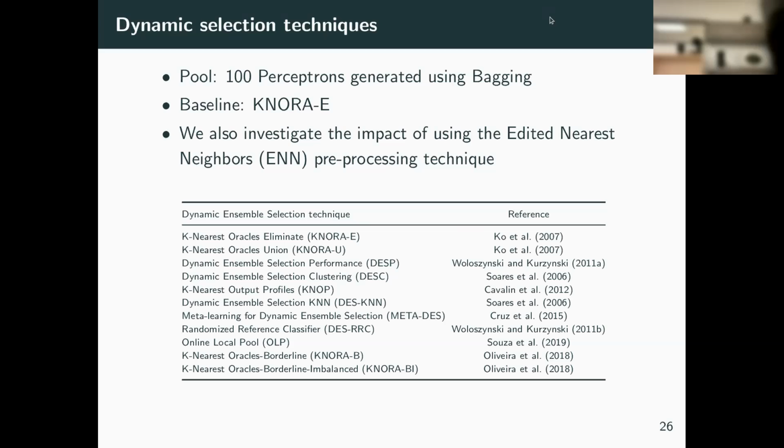One of them is the baseline, the KNORA-E. For the pool, we use 100 perceptrons generated using bagging. We also investigated the impact of the edited nearest neighbors, which is a preprocessing technique that removes the local overlap. It only removes negative class samples in this case, because we are dealing with imbalanced data sets.